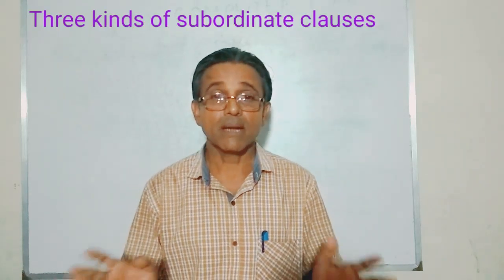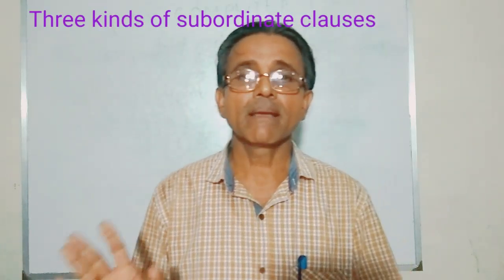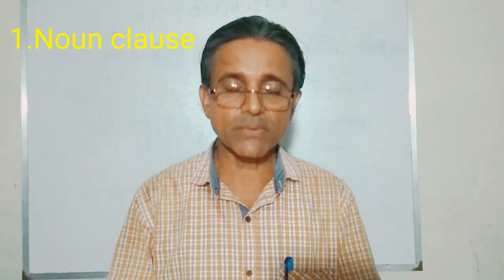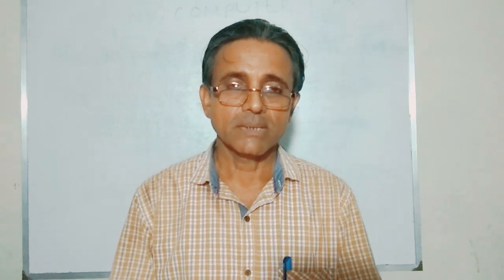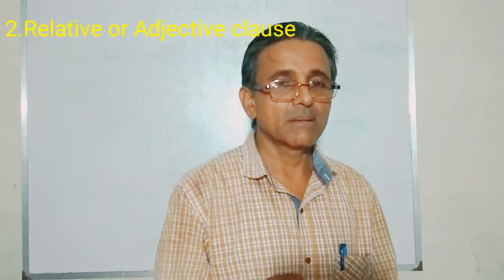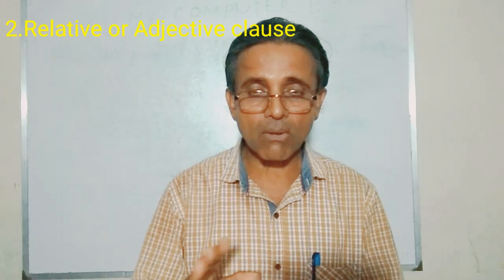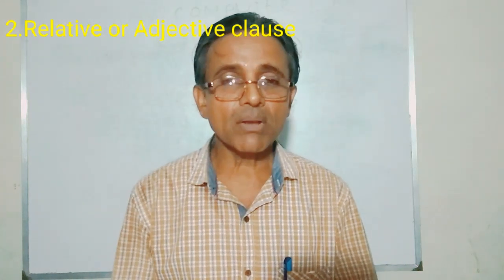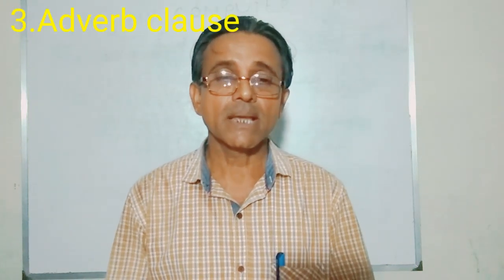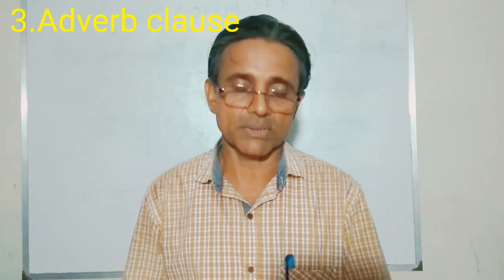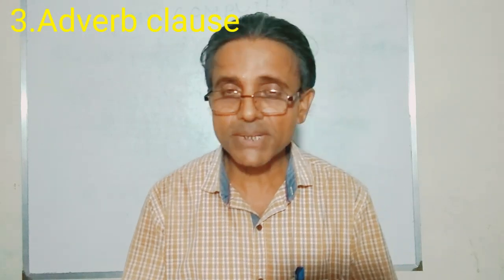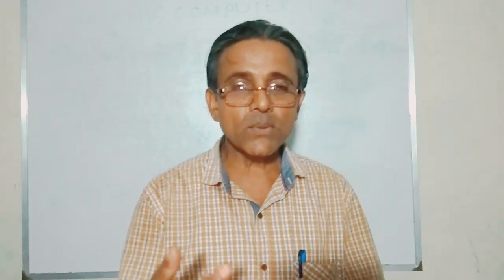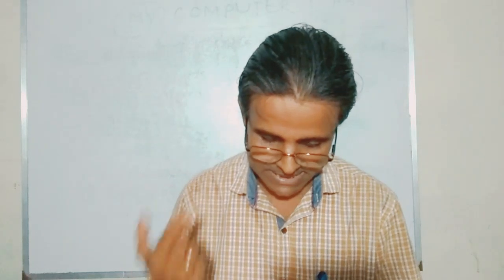There are three kinds of subordinate clauses. First one is noun clause. Second one is relative clause or adjective clause, and the third one is adverb clause. Then another example, in which sentence we get two subordinate clauses.